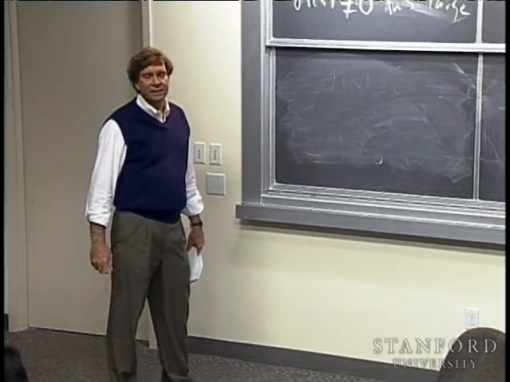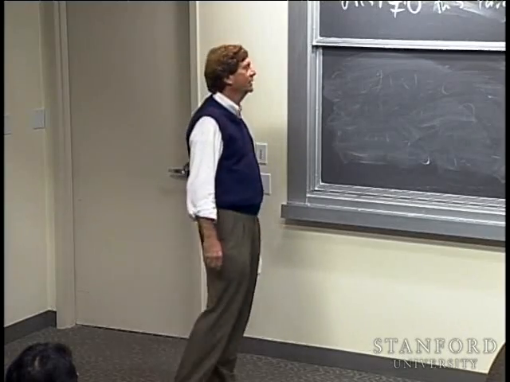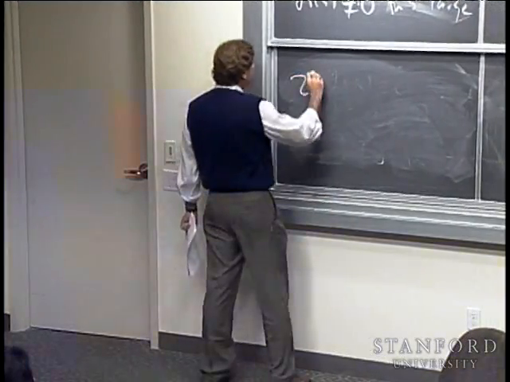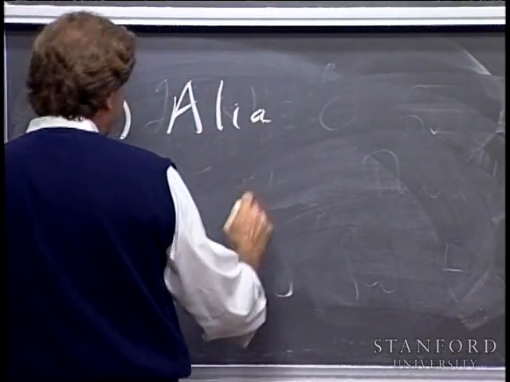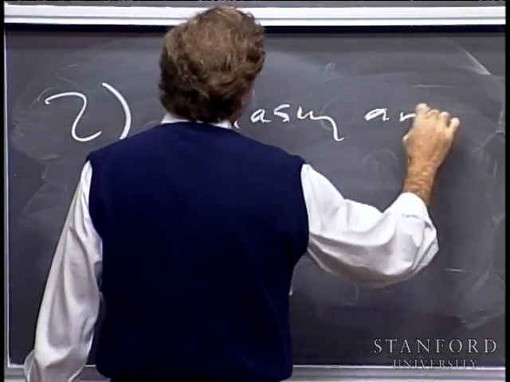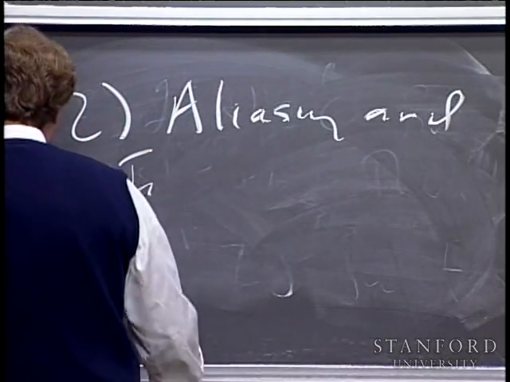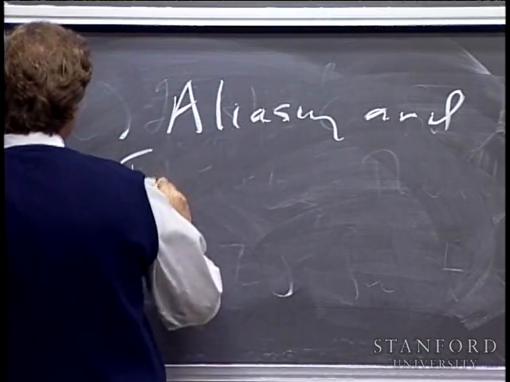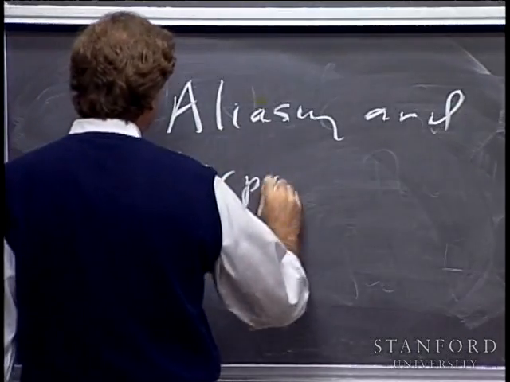You can think of it as the natural phenomenon associated with a misapplication of the sampling theorem or misapplication of the proof. So aliasing and interpolation is the other circle of ideas that I want to talk about.